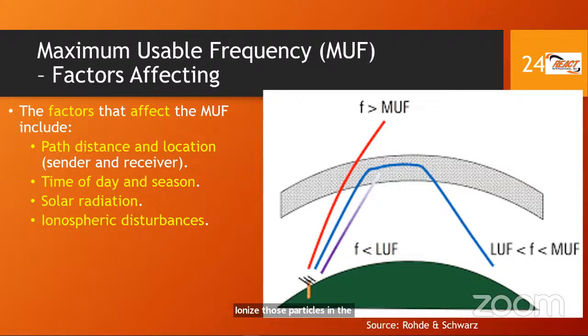So therefore, the time of the day is important. And of course, depending on the solar cycle, the number of sunspots, and therefore the solar radiation, and therefore any ionospheric disturbances that may exist.